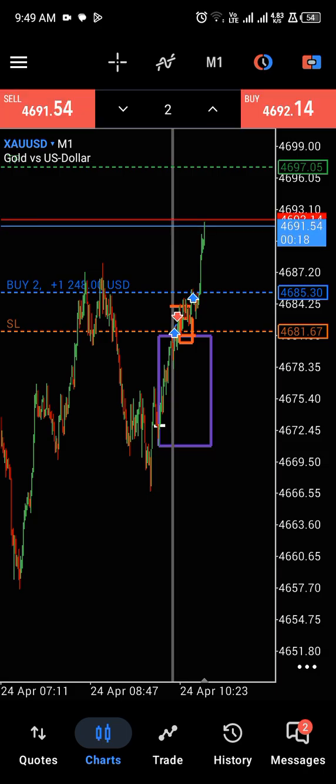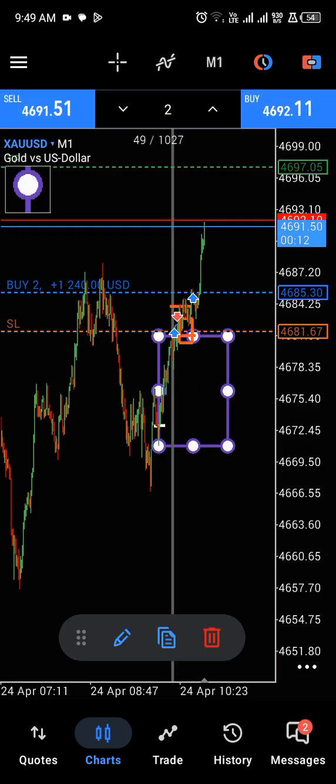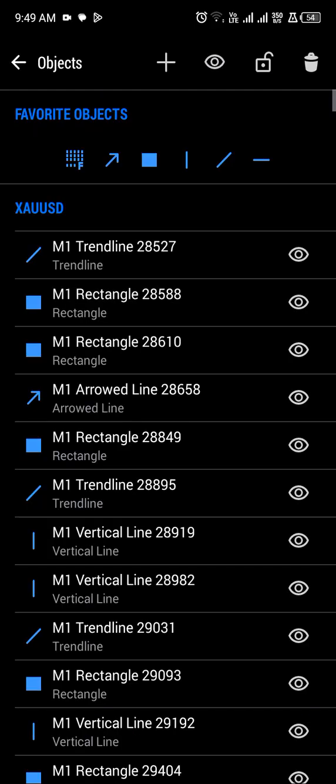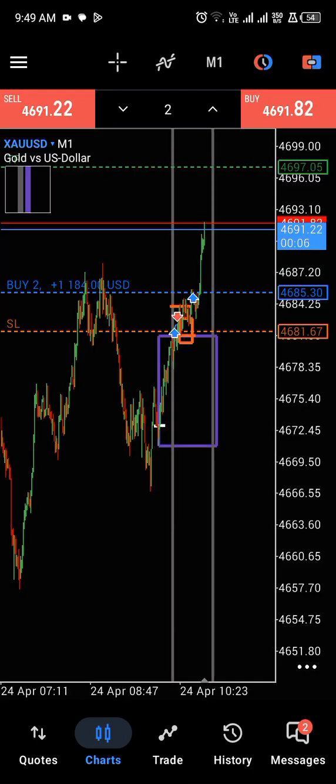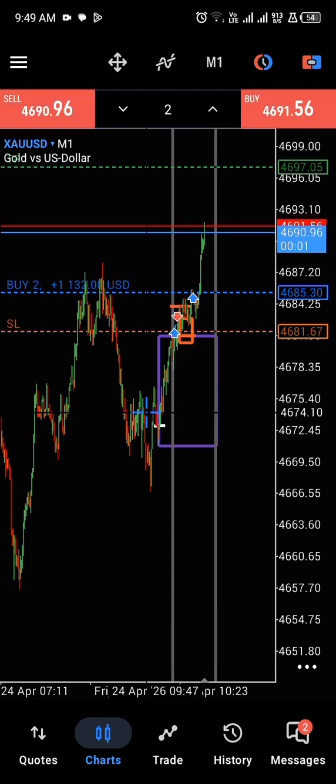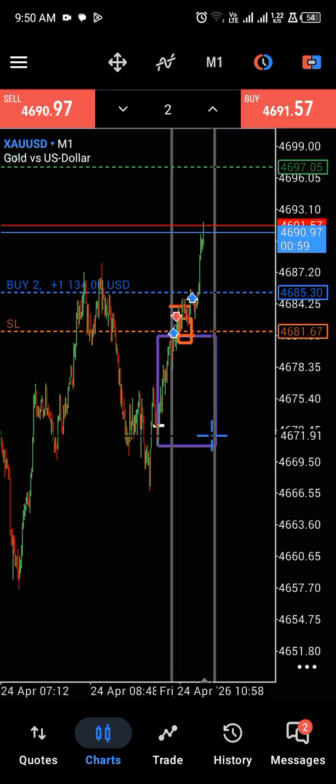Yeah, I'm left with 10 minutes before my time window is up. So that means I can no longer take any trade after my 1 hour time window.